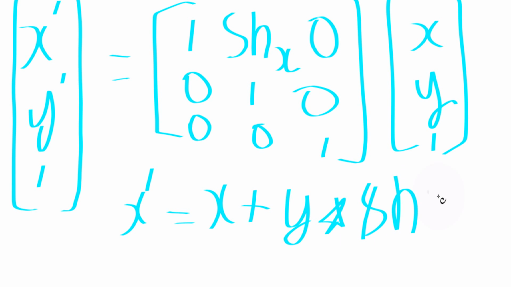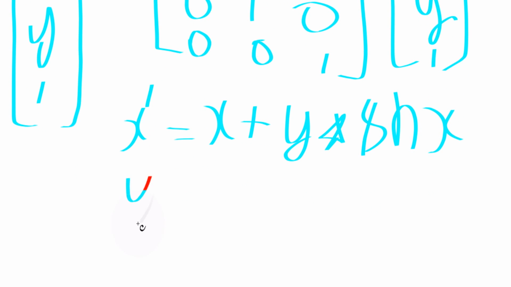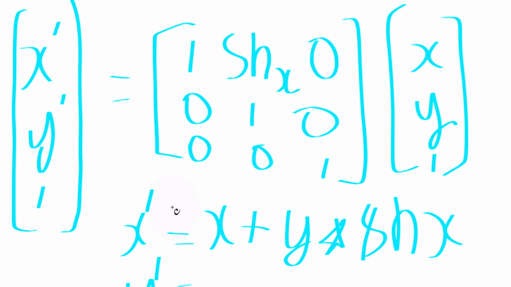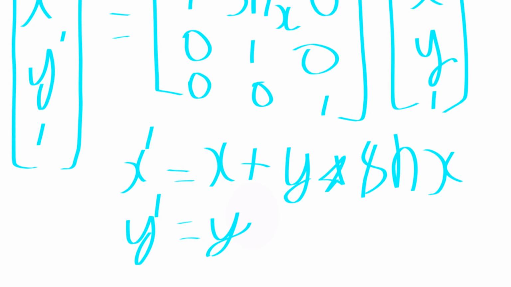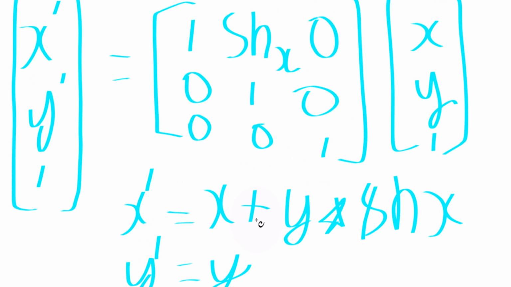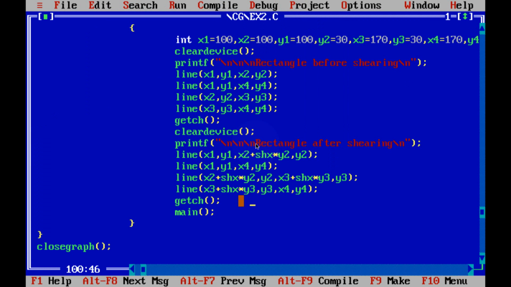So when you are finding x, we need to add the y shear, and for y dash it is going to be just y. So when you apply shearing on x-axis, this is the formula to do it. Alright, so this is shx into y. Hope you understand.